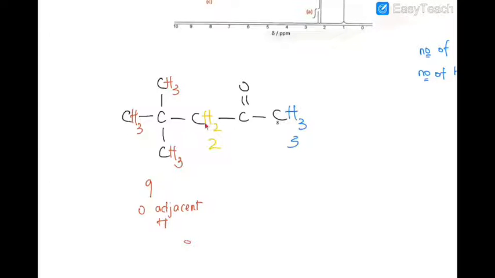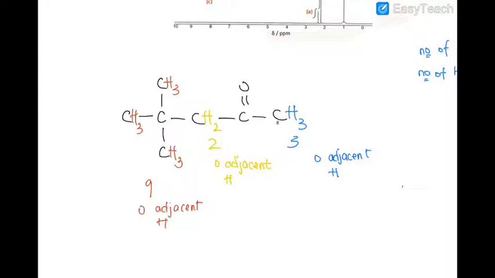If we look at this one, the adjacent carbon is here, so there's no proton attached to it. Another adjacent carbon is here, so again there's no proton attached. So here you have 0 adjacent hydrogen. If we look at these protons, the adjacent carbon is here, and this one has no hydrogen again. So here again you have 0 hydrogen on the adjacent carbon.